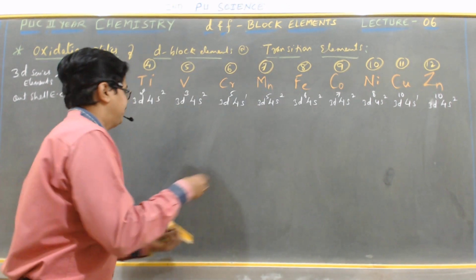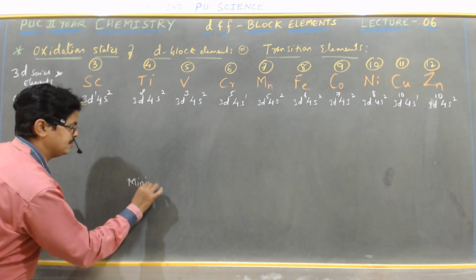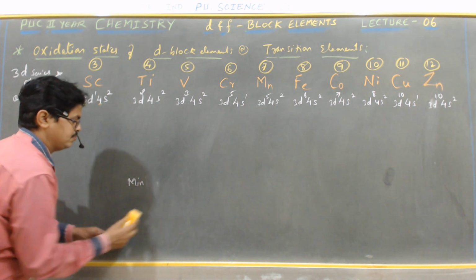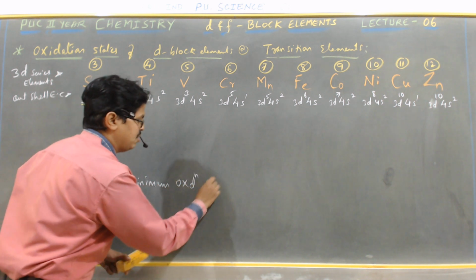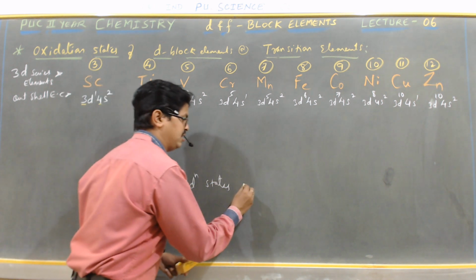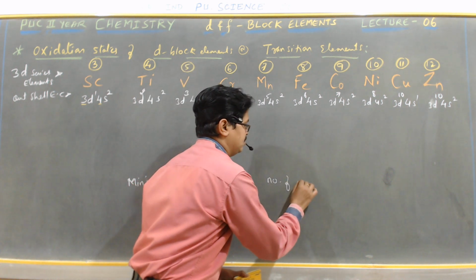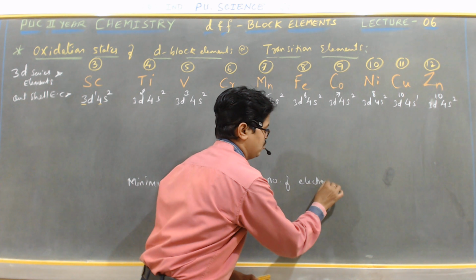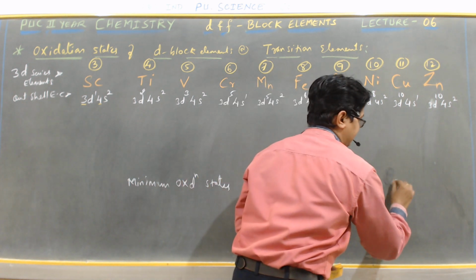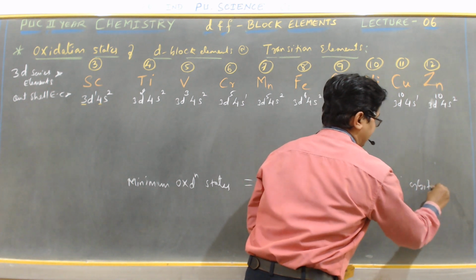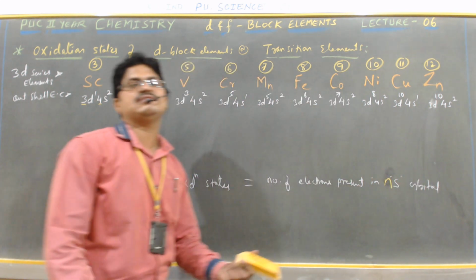If someone asks you, the minimum oxidation state of D block elements or transition elements is equal to the number of electrons present in the S orbital of the main shell, the ns orbital.